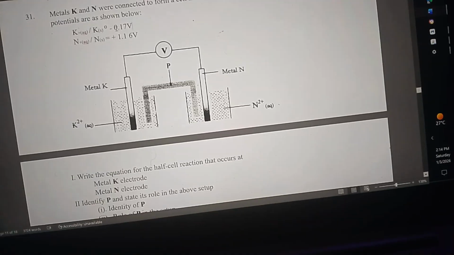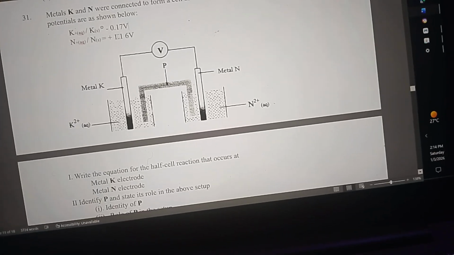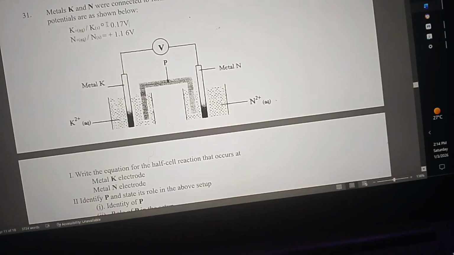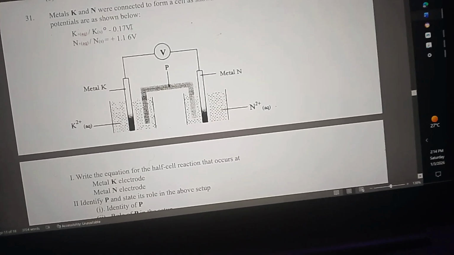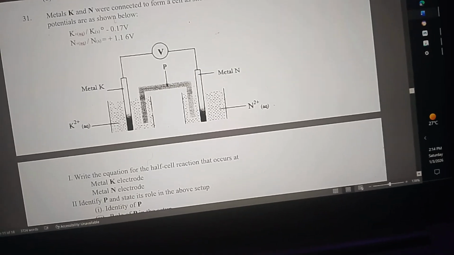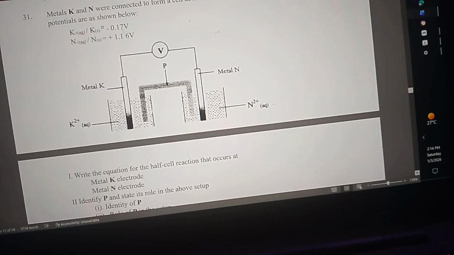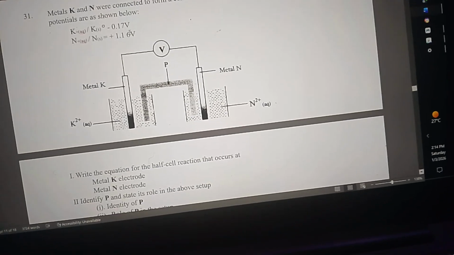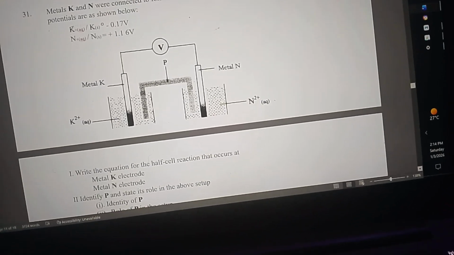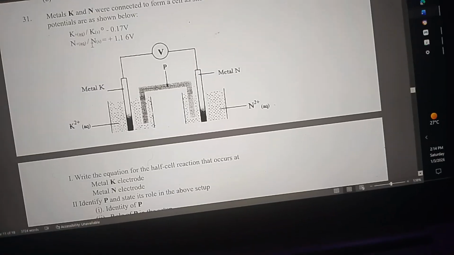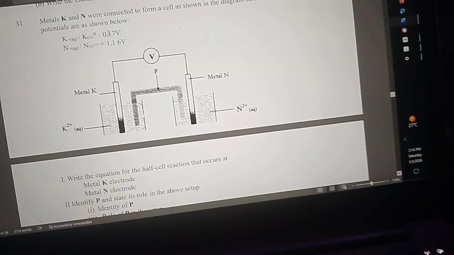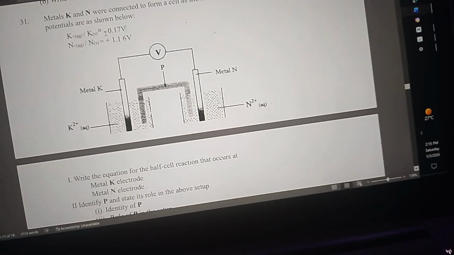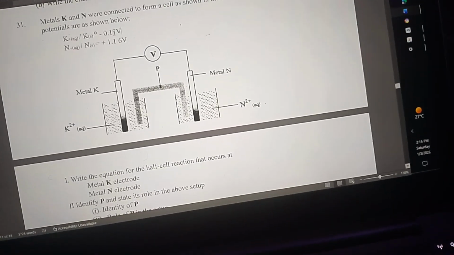So this is very important, because when you require a negative potential to convert the K ions to K, then it simply means that this is a more electronegative metal, and this is an electropositive one.